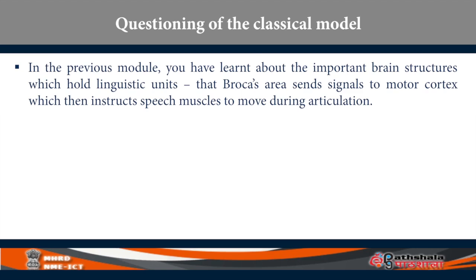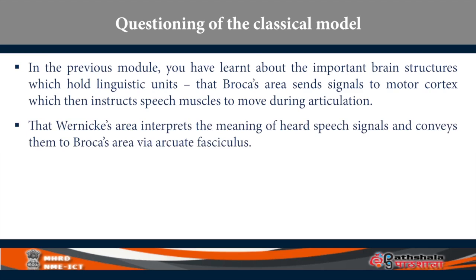They share information with each other, and that's how we speak and understand language. Wernicke's area interprets the meaning, whereas Broca's area sends signals to the motor cortex telling our speech muscles to move.